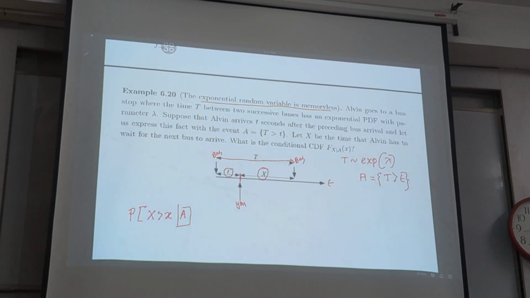Before that, what do we mean by the term memoryless random variable? It resets. It doesn't depend on the previous waiting time. It does not depend on the previous waiting time.